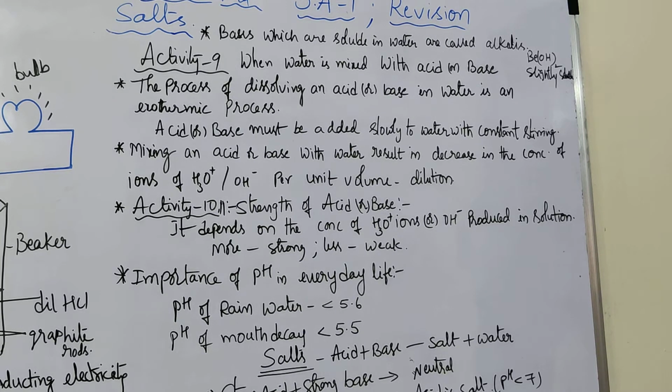To get rid of this pain, we use tablets. The tablets are made of bases, because when excess acid reacts with a base, it becomes neutral. The tablets contain either magnesium hydroxide, which we call milk of magnesia, a mild base, or an antacid tablet.